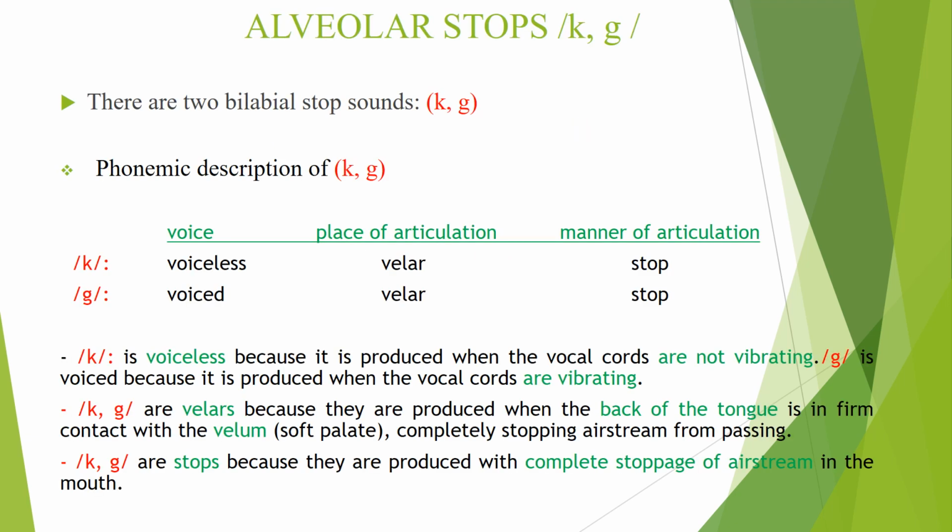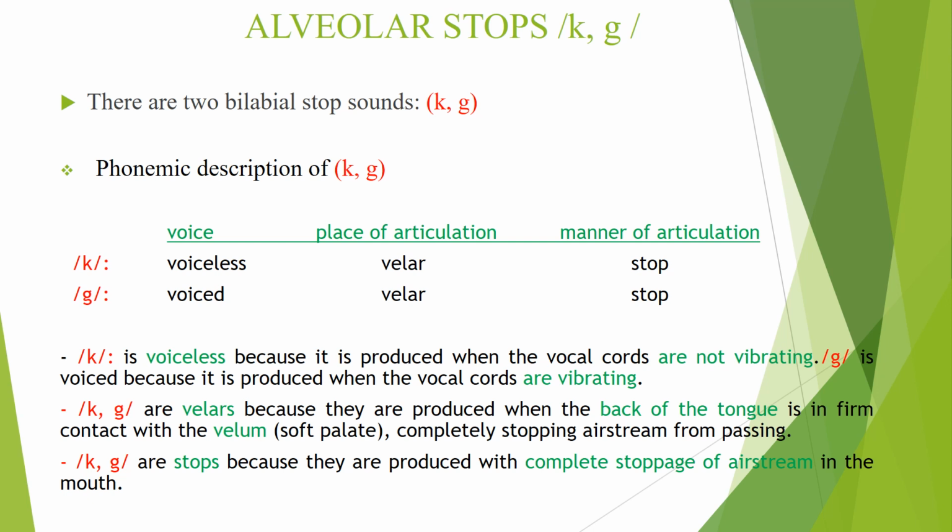The third group of English stop consonants is the velar stops, k and g. K is a voiceless velar stop. G is a voiced velar stop. K is voiceless because it is produced when the vocal cords are not vibrating. G is voiced because it is produced when the vocal cords are vibrating.